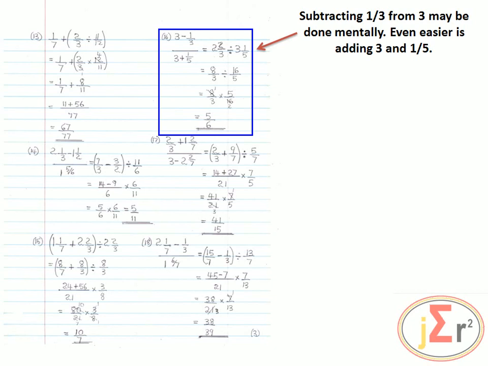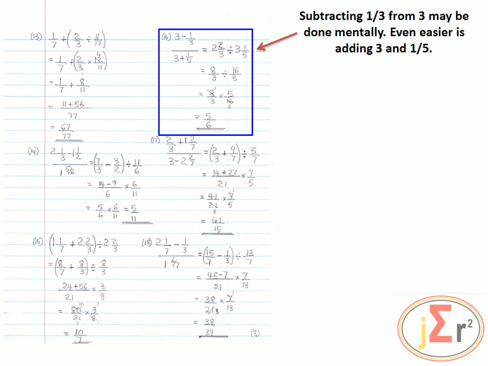Now, our situation is different. I always welcome something that is a bit different from the regular flow. So we are saying that subtracting 1/3 from 3 may be done mentally. Even easier is adding 3 and 1/5.